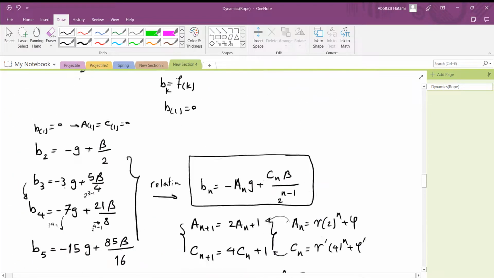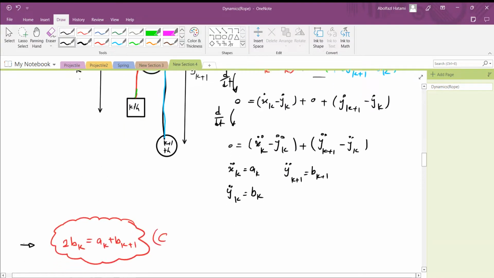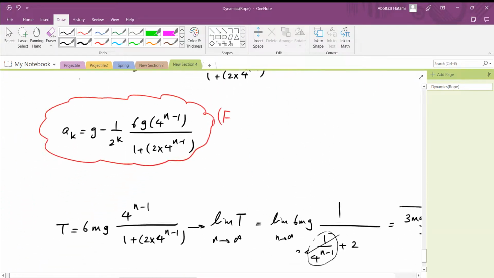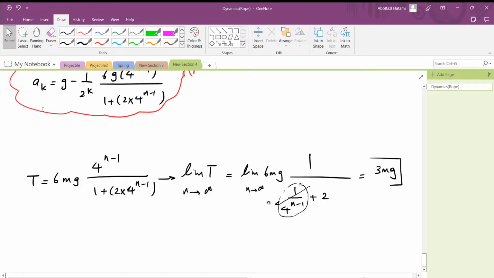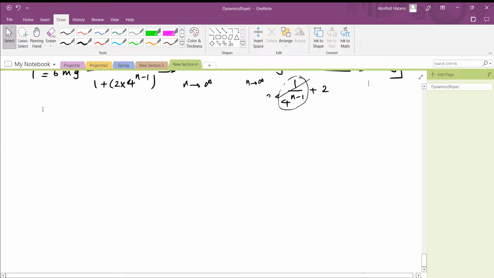And it also asks us to find the acceleration of the first block. We have the acceleration expression here for the kth block. If we substitute k with 1, we have a1.